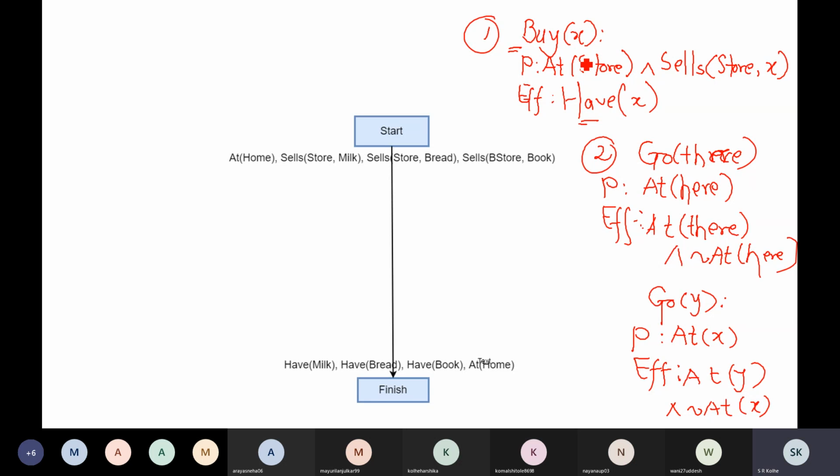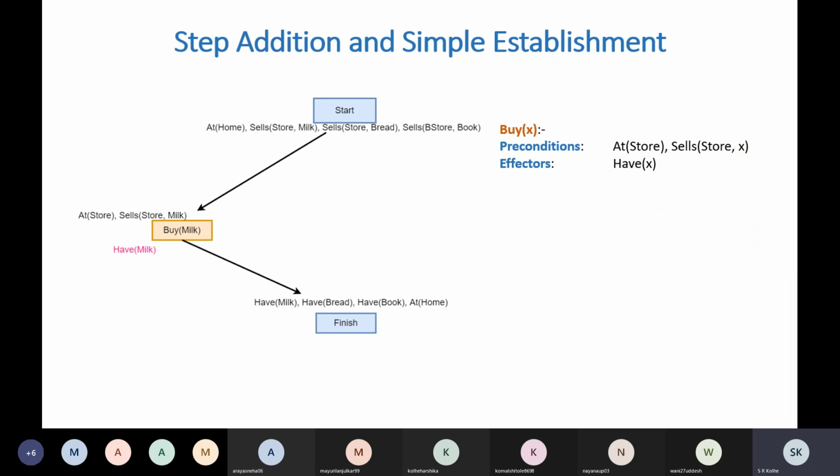Yes or no? Yes, sir. So we will add a step here, buy milk. This step has been added so that have milk will become true.